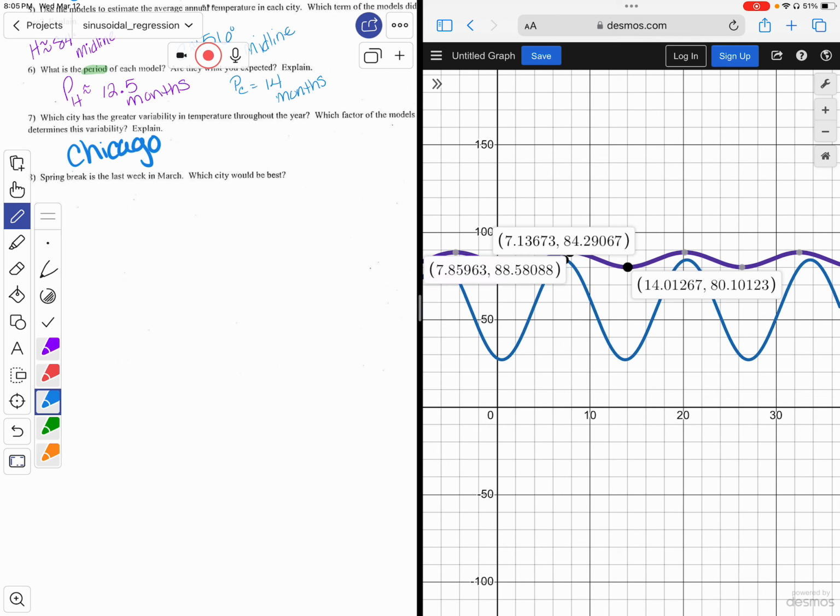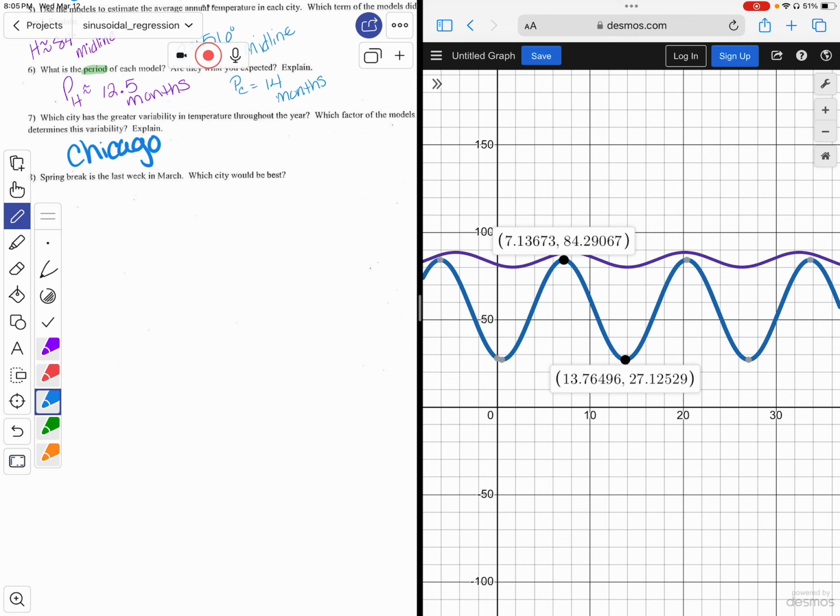But if we look at Honolulu, too many dots. If we look at Honolulu, their lowest is 80, their highest is 88, 89 degrees. So the temperatures only vary by 9 degrees. Here in Chicago, we're looking at just under a 60-degree difference, like a 50-something degree difference.